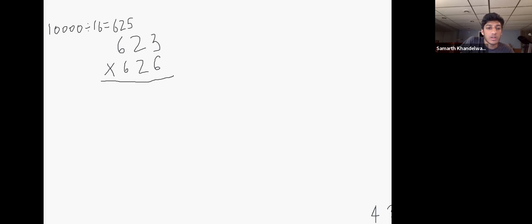Now that is a hard one to see at first, but remember, I showed a problem with 25 as the base, and I used 100 divided by 4 as 25, and I did the same with 125 as the base, because 1,000 divided by 8 is 125. So now I just extended it here, and I did 10,000 divided by 16. So now we have 625 as the base.